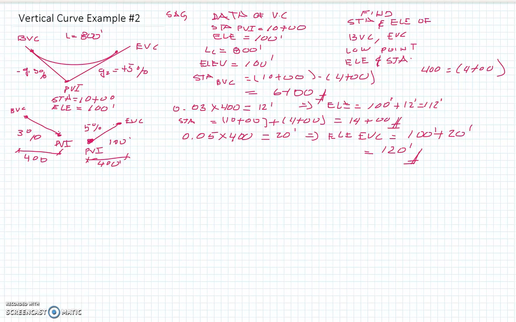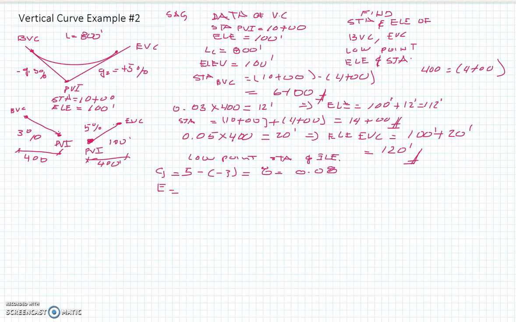Now I'm going to find my low point station and elevation. The first thing I have to find is my g, which I will need later on. So my g is equal to 5 minus 3, equal to 8, and in decimal that is 0.08. I will also need my e.